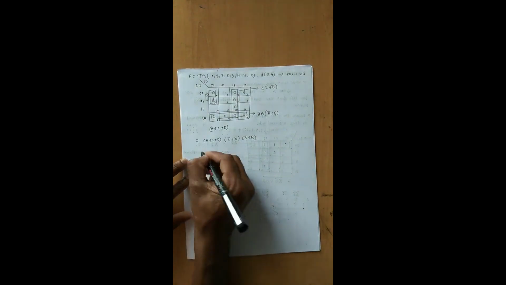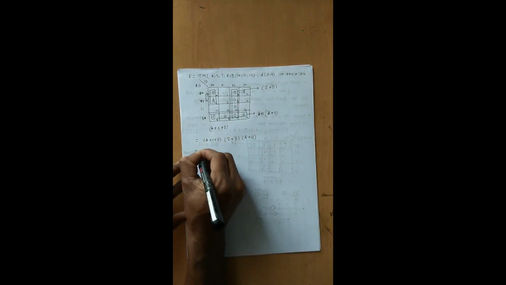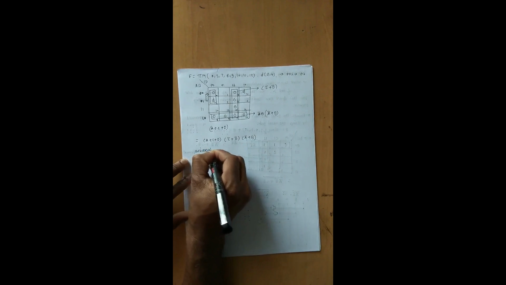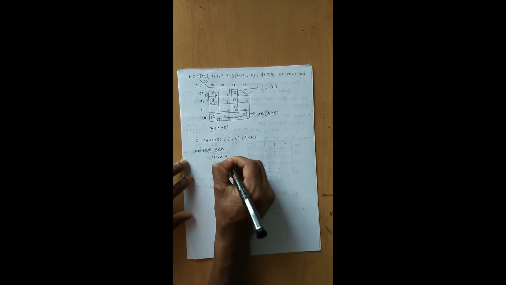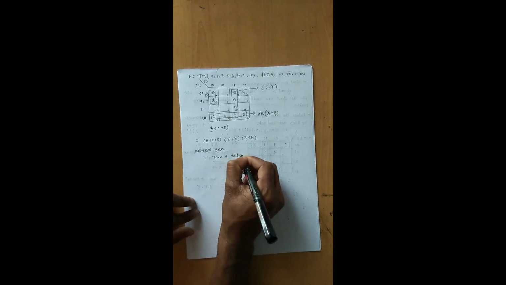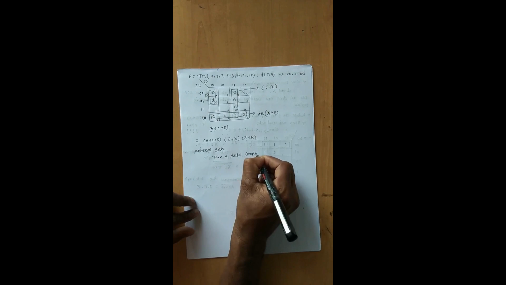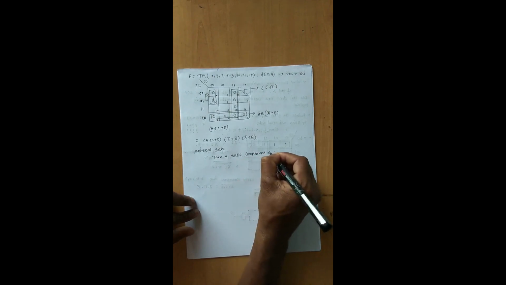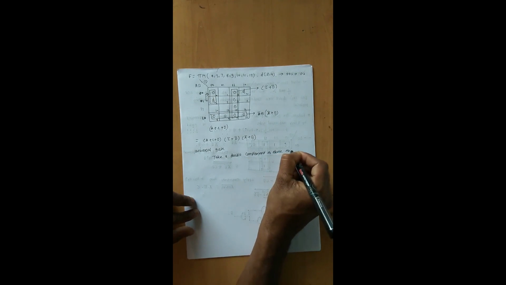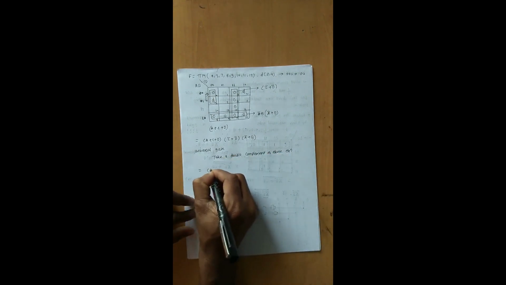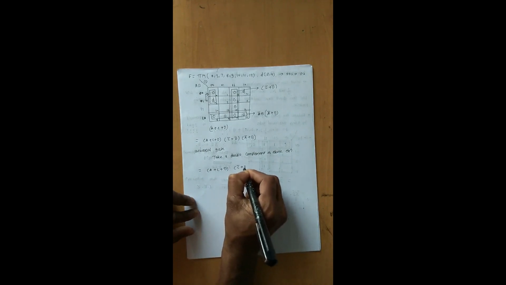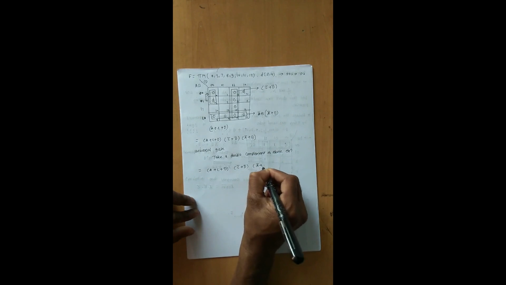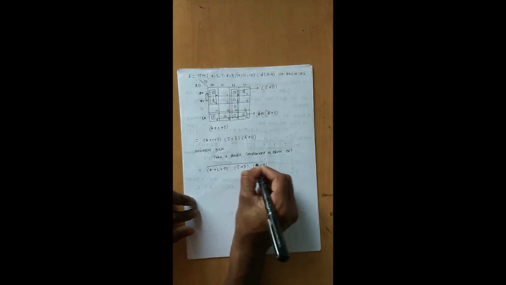Then next I want to implement it by using universal gates. So take a double complement of the above equation, then the equation becomes A plus C plus D, C bar plus D bar, A bar plus B, and its whole complement.